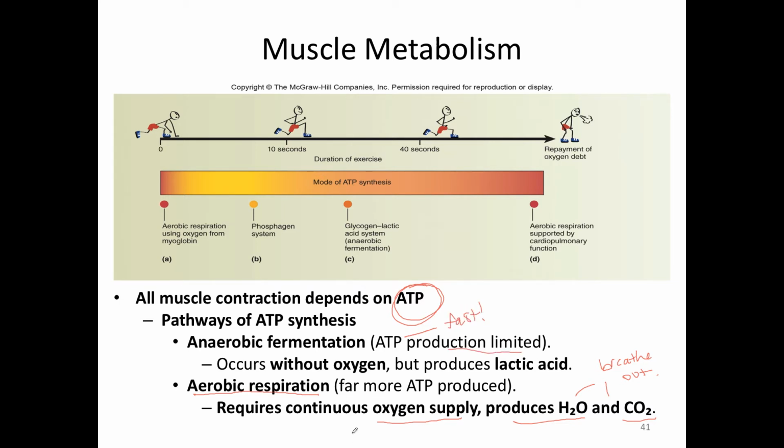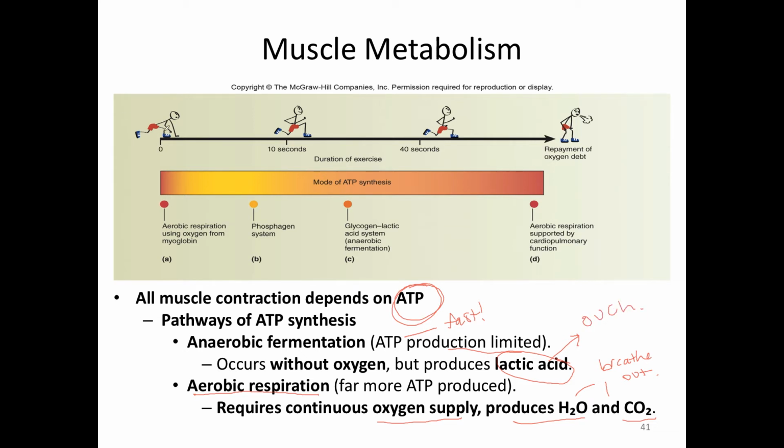So aerobic respiration produces 32 to 34 ATP per glucose, whereas anaerobic fermentation produces like 2. So lots less efficient, but lots more immediate. Unfortunately, it also produces lactic acid, which is a byproduct that can be harmful in large amounts.